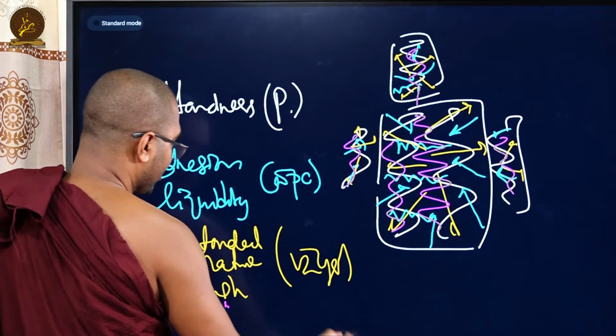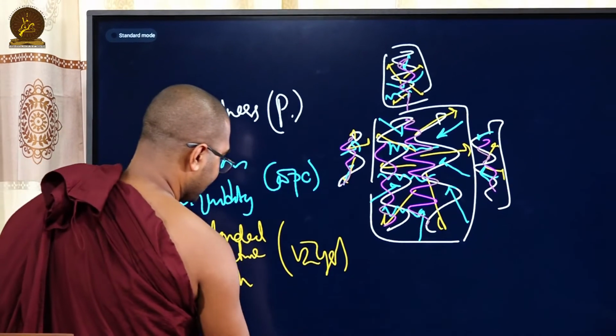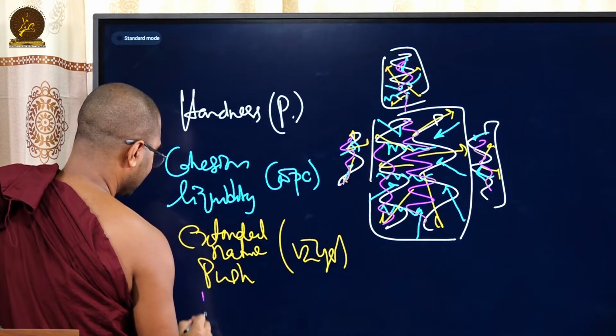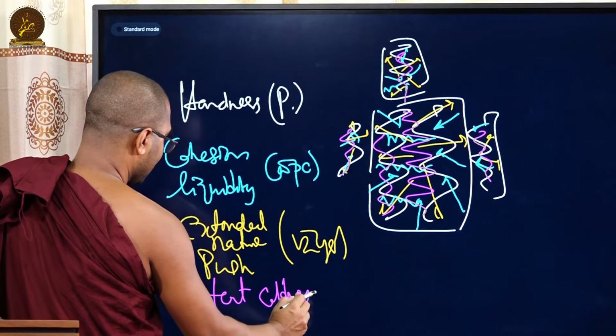You understand the vayu with it. Then we get the red color, heat or coldness, as tejo.